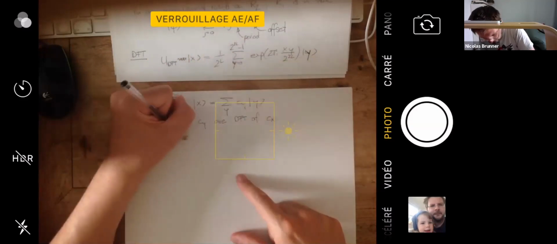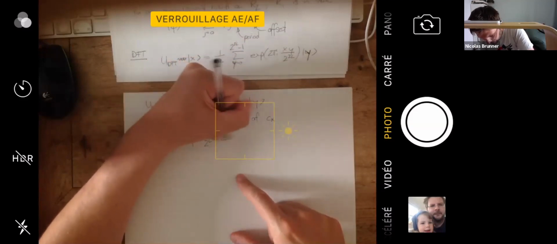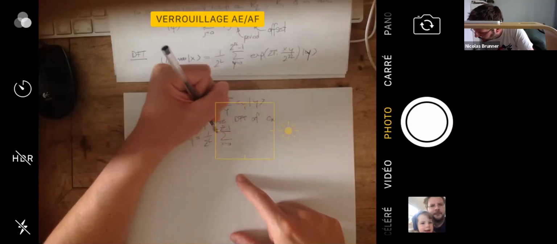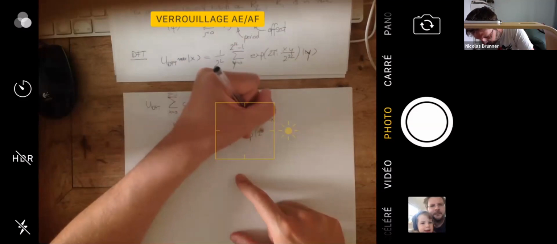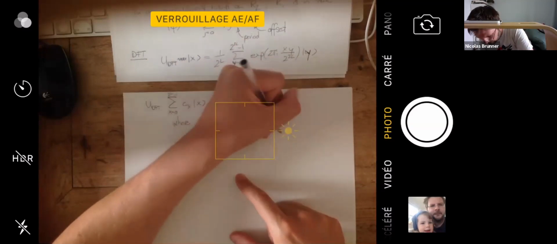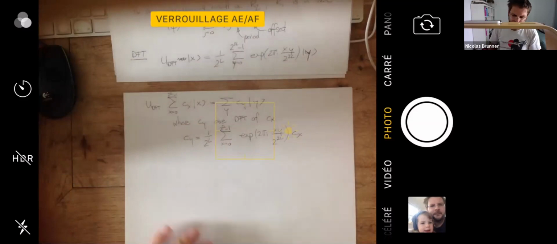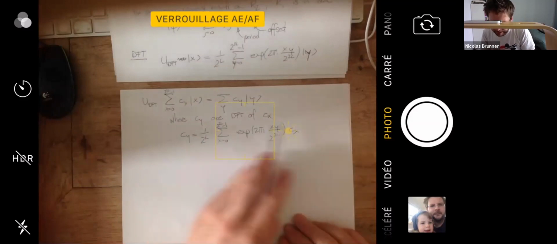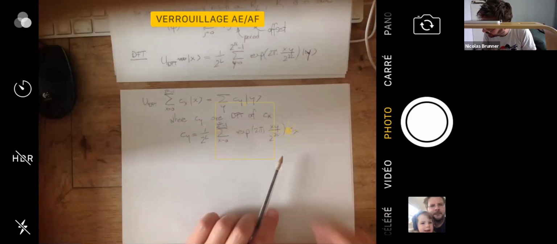What this means is that Cy is 1 over 2L times the sum from x equals 0 to 2 to the L minus 1 of the exponential of 2 pi i xy over 2 to the 2L, times Cx. So it's very reminiscent of a Fourier transform, but in a discrete manner.